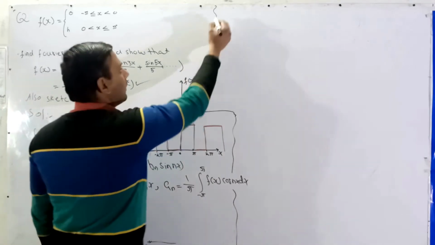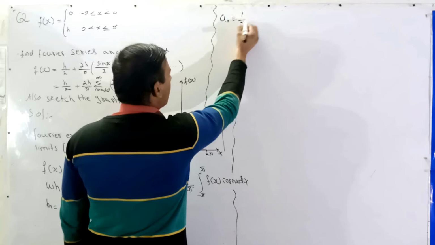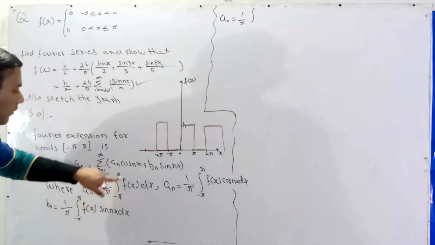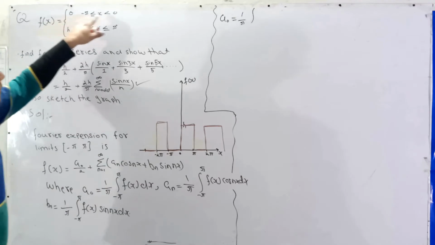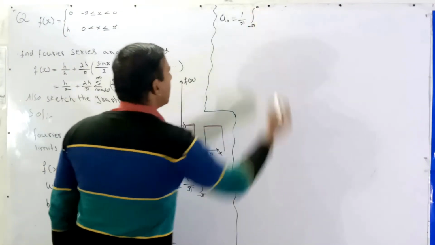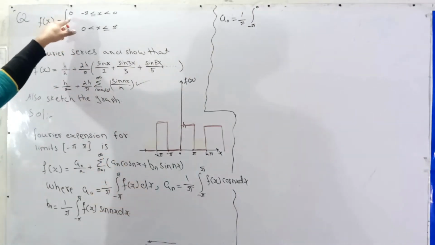Let's start. A naught is equal to 1 over pi. First interval is from minus pi to 0, and in this interval the value of f of x is 0.